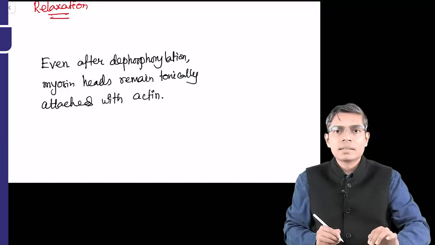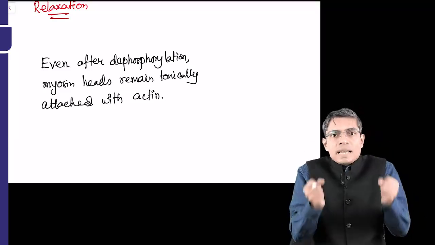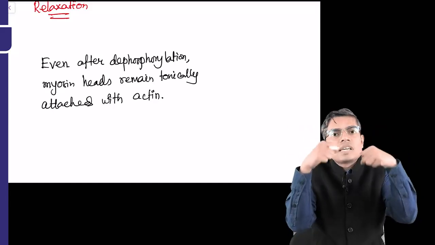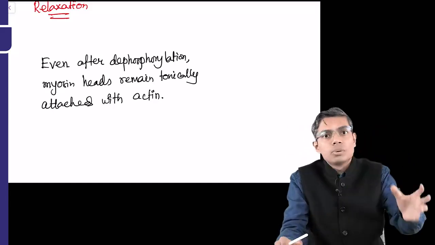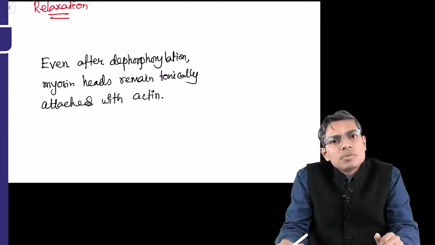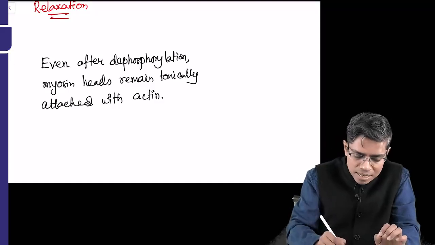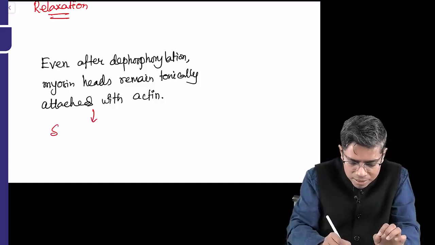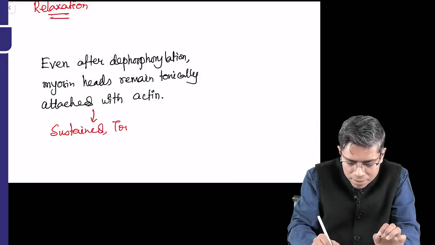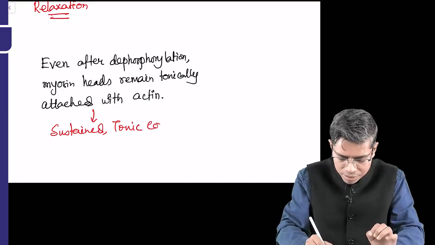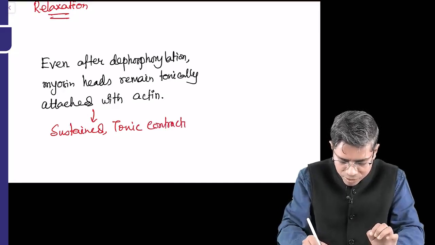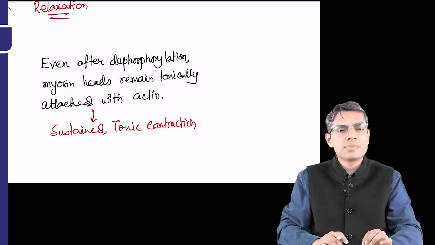So I can understand that due to tonic attachment with actin, there will be a sustained contraction of the smooth muscle, although the myosin light chain is dephosphorylated. So this is a sustained tonic contractile state of smooth muscle. I can write down like this. This is nothing but a sustained tonic contraction of smooth muscle even after dephosphorylation.